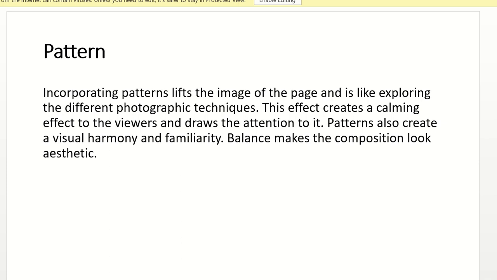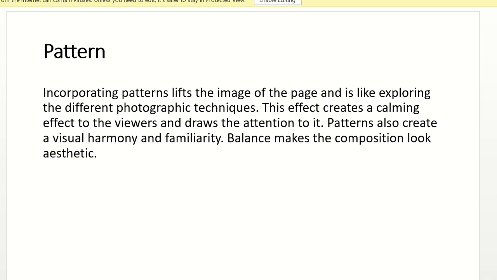In essence, this creates a calming effect for the viewers and draws attention to it. People also use pattern to create visual harmony and familiarity. Thus, pattern is a key element while doing photography.